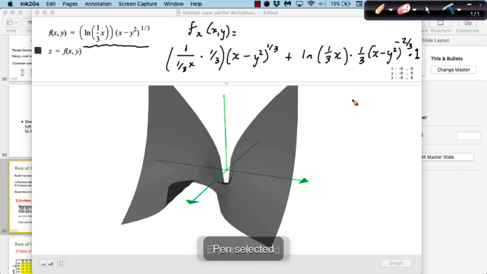So derivative of the first times the second plus the first times the derivative of the second. Now let's do the partial with respect to y. Here you don't need product rule because this doesn't have any y's in it. So it's just a constant multiplied by our function of y.